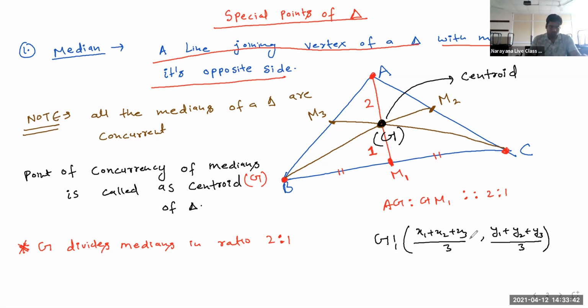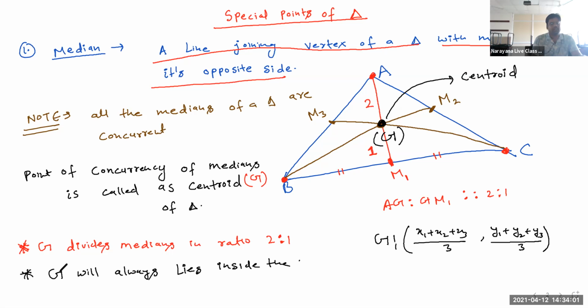Okay. One more thing is, G, the centroid, will always lie inside the triangle.